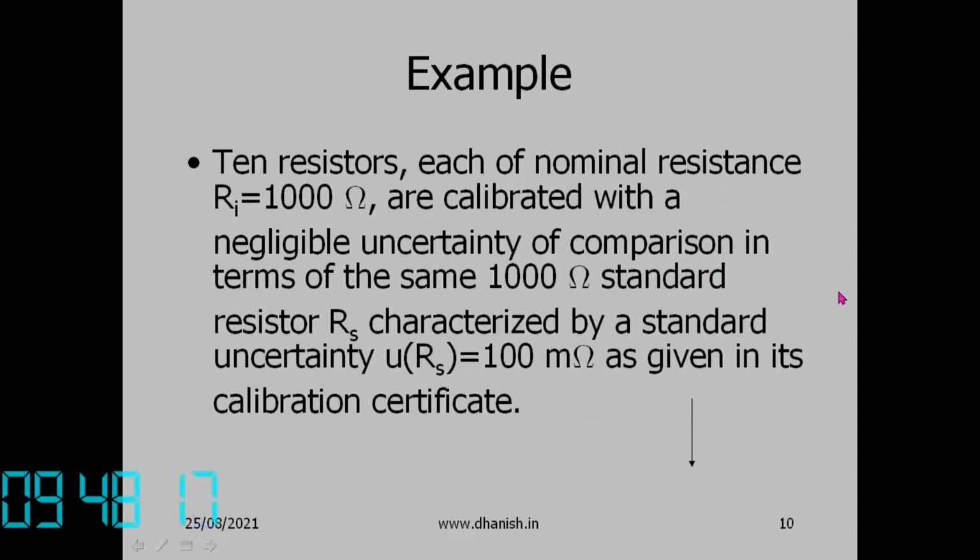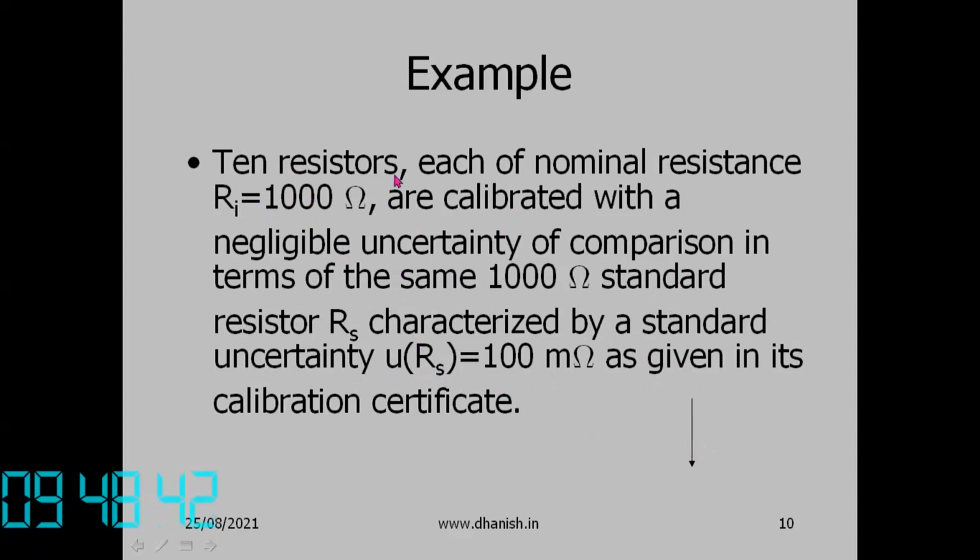This is from the GUM itself. 10 resistors, each of nominal resistance Ri equal to 1000 ohms, are calibrated with a negligible uncertainty of comparison in terms of the same 1000 ohm standard resistor Rs, characterized by a standard uncertainty 100 milliohms as given in its calibration certificate.